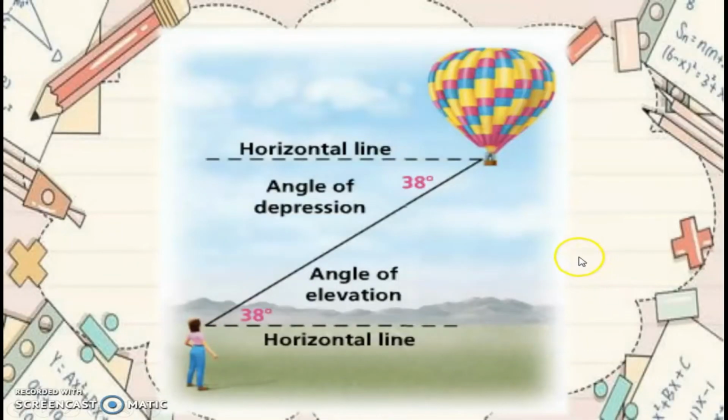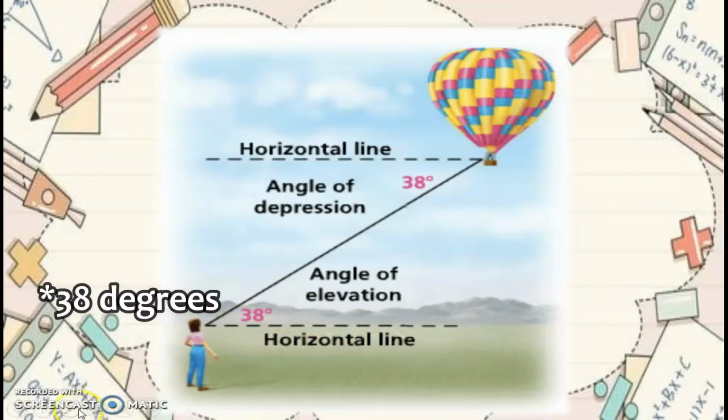Generally speaking, class, if there's a lady looking up at a hot air balloon and there's a person inside that hot air balloon also looking at the lady, with their respective horizontal lines, and the angle of elevation is 38 degrees, the angle of depression is 38 degrees as well.